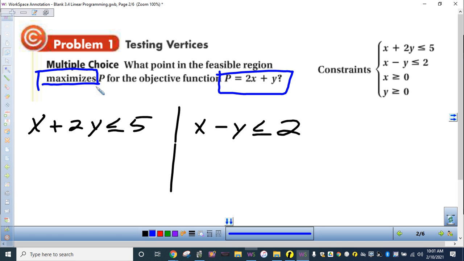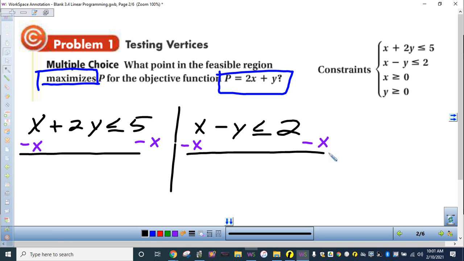So definitely pay attention when it says maximize or minimize, because that's obviously important. First equation on the left here, we're going to subtract x from both sides. And we're going to do the same thing on the equation on the right. On the left, we're left with 2y less than or equal to negative x plus 5.